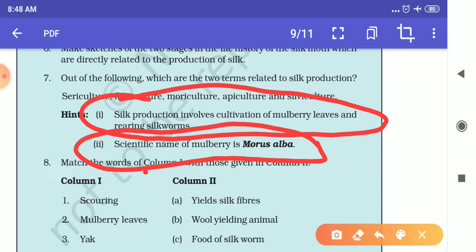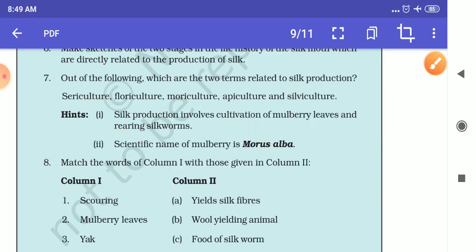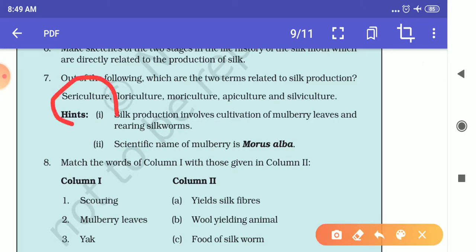From this name you can find it. There is one term given here that is called moriculture. This mori is taken from the scientific name of the mulberry, that is Morus. Therefore, the two terms related to silk production are sericulture and moriculture.